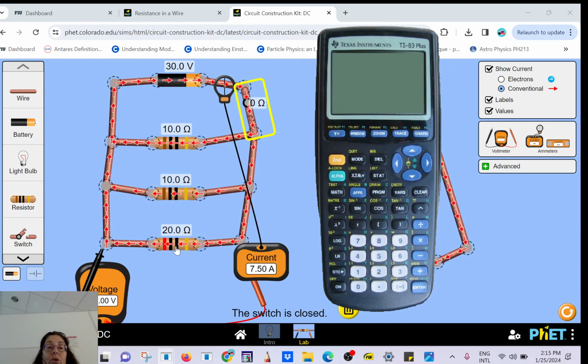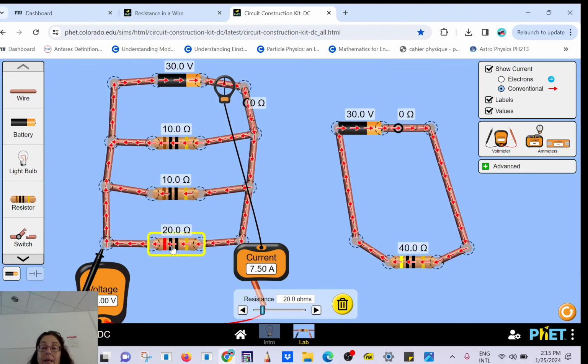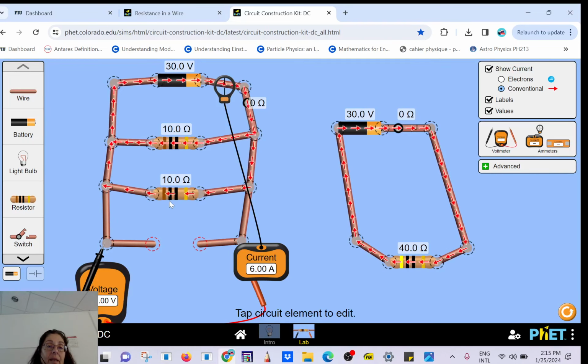Okay, so the goal is to find the equivalent resistance. So what's going to be the resistance? You can replace all of them by a single one, such that you can have 7.5 amps as a current. Do you understand? So I'm going to remove everything.